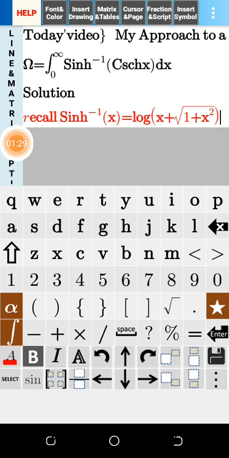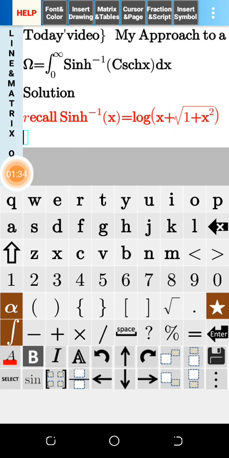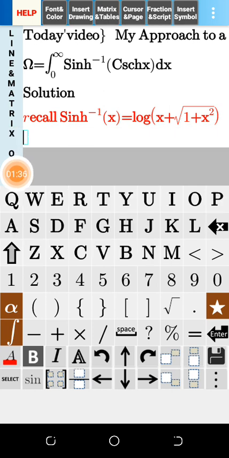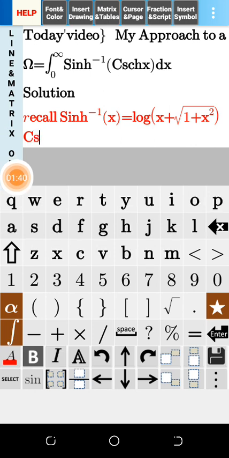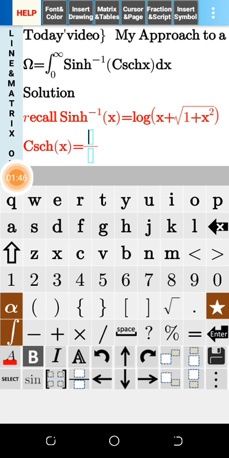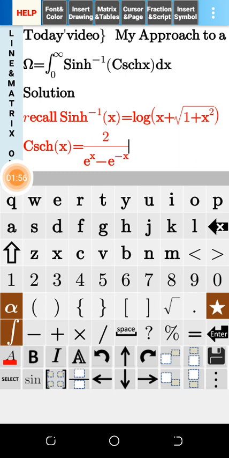And you should recall that csch x is also equal to 2 over e raised to the power of x minus e raised to the power of minus x.